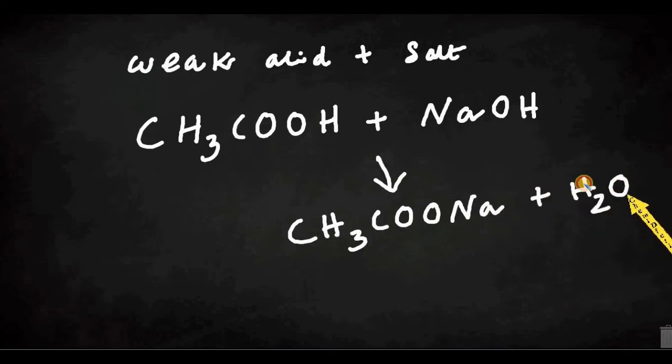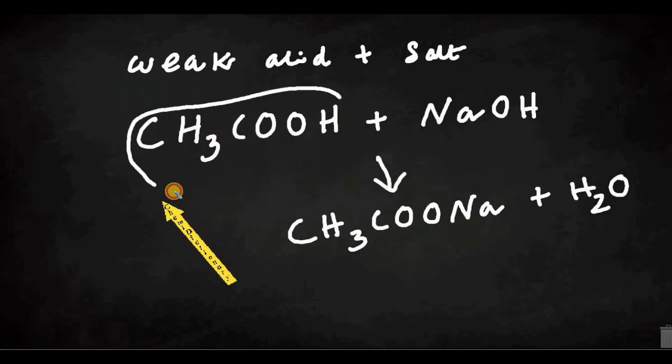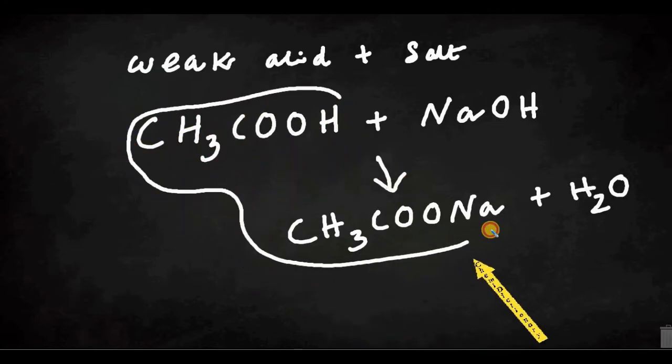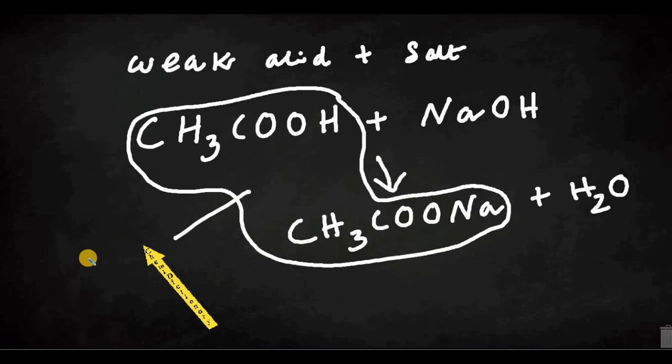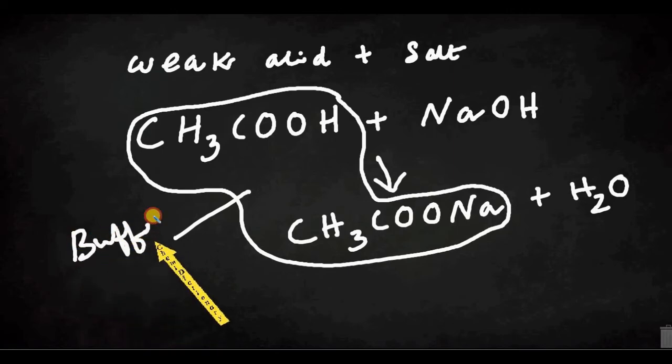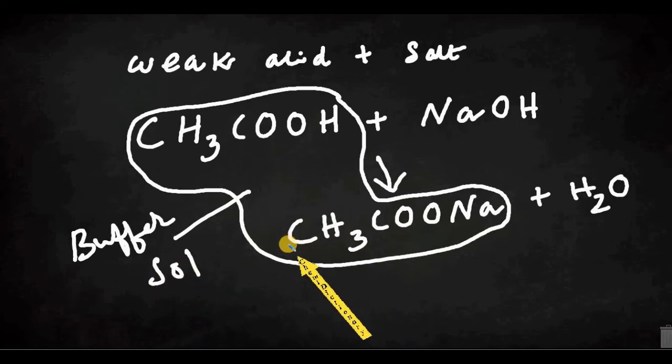Now the combination of these two, that is a weak acid and its salt with a strong base NaOH, is known as buffer solution. What is the function of a buffer solution? It maintains pH fairly constant while adding any acid or base in the solution.